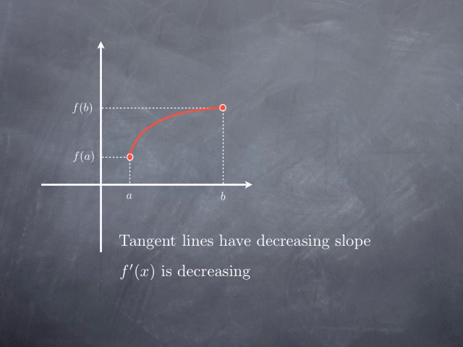But we have seen in the previous module that a function is decreasing when its derivative is negative. That is, of course, assuming that the derivative exists. So if f prime is differentiable, in other words, if f has a second derivative, then we have this kind of behavior if the second derivative is negative, because that means the first derivative is decreasing. In other words, the slope of the tangent lines are decreasing.